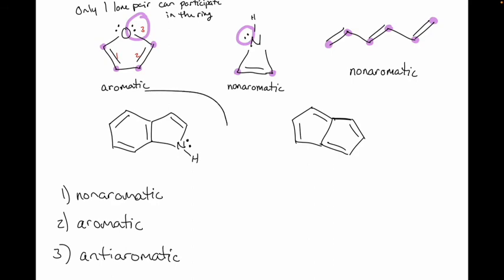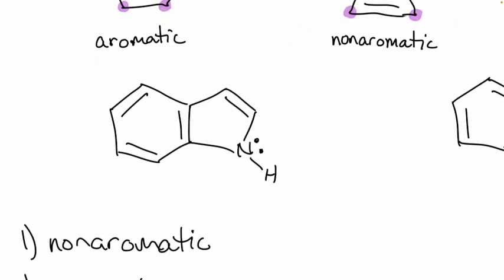All right, what about this big ugly thing down here? Is this non-aromatic, aromatic, or anti-aromatic? 1, 2, or 3? Does anybody have a guess? Nice, yeah. So again, we just have to go through and look at each carbon and convince ourselves that it is indeed going to participate in conjugation here. Do they have a double bond associated with them? So indeed, boom, boom, boom, boom. All of those carbons that I just highlighted have a double bond associated with them, meaning they have that p-shaped orbital that can allow the electrons to move about, right?